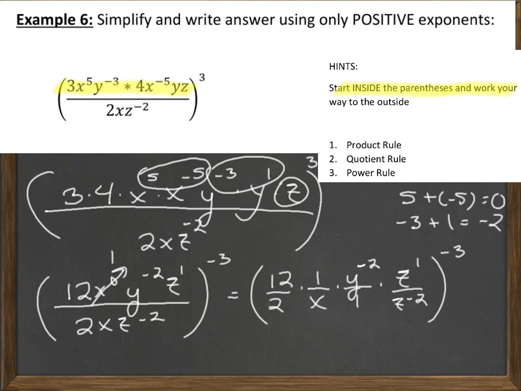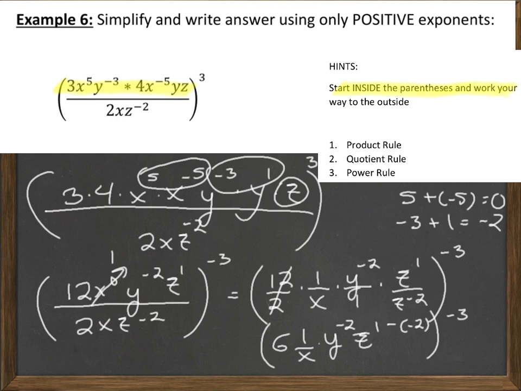12 divided by 2 is 6. 1 over x, we're leaving him alone. He's just 1 over x. Y to the negative 2nd power is y to the negative 2nd power. So the only math we really have to do here is with z to the 1. Is it z to the 1 minus 2? Is that right? Nope, it's not. It's z to the 1 minus negative 2.